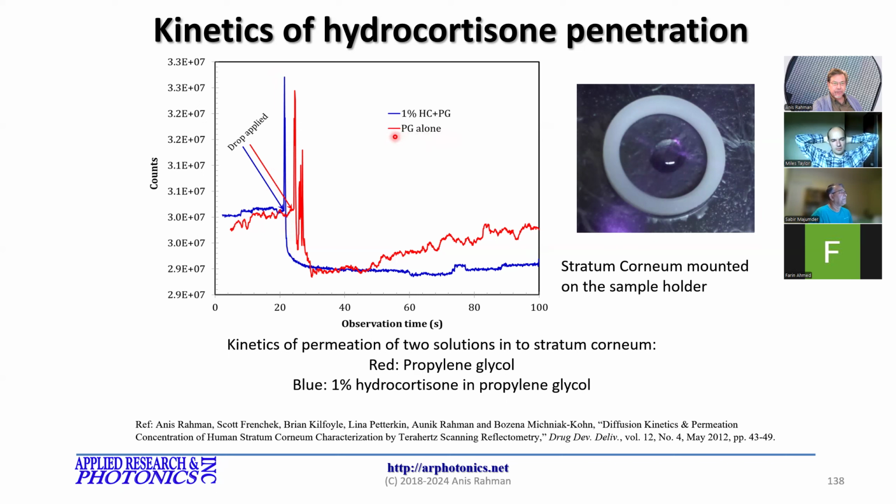But in the case of propylene glycol, there is a lot of jaggedness, because the reflected beam, the substrate did not get saturated, or some kind of kinetic things going on there, interaction of the propylene glycol with the stratum corneum, which is all the spikes that are coming in the red curve.